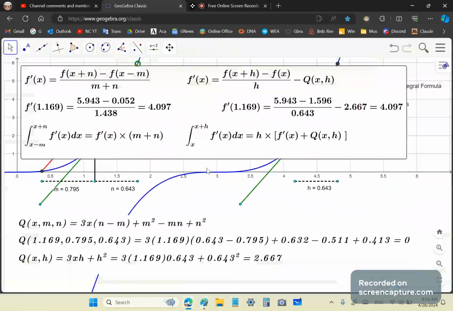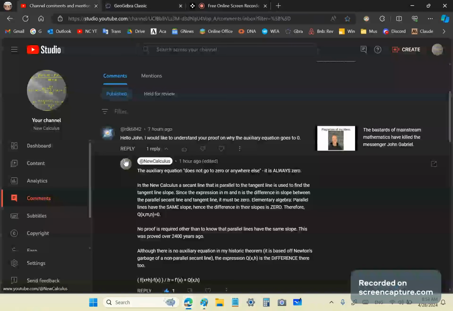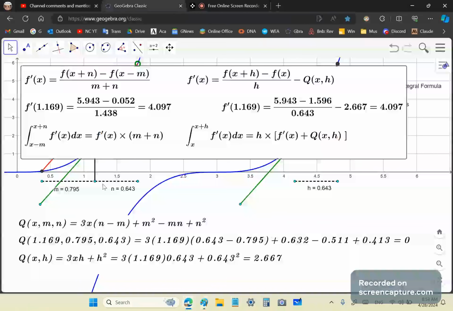So do you understand the auxiliary equation now? Whoever this is that asked me, RDK6842, okay, that's basically everything you need to know about the auxiliary equation and about the definitions for the new calculus derivative and integral. So let's get rid of that.